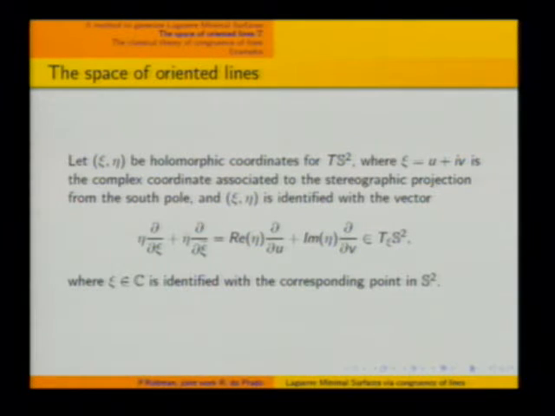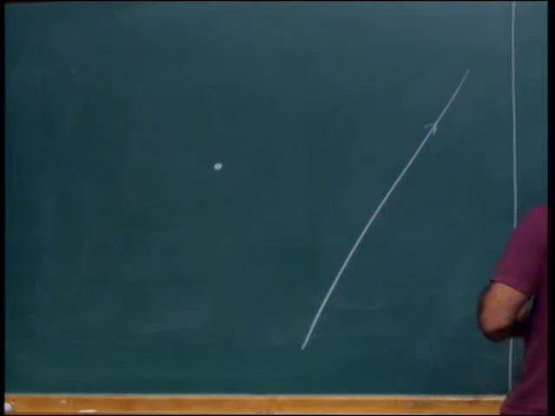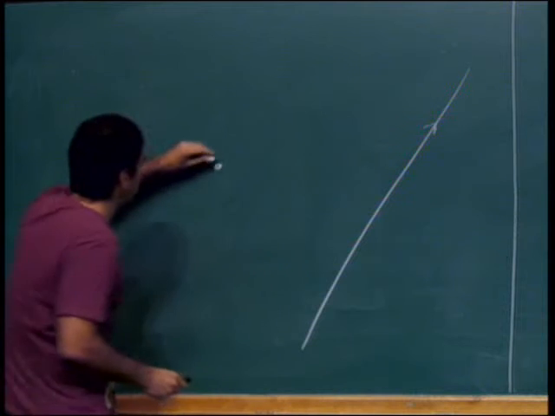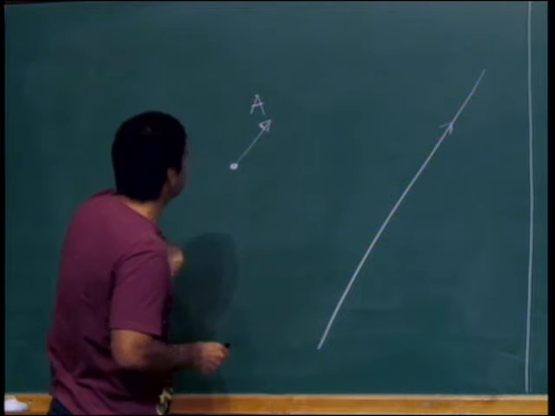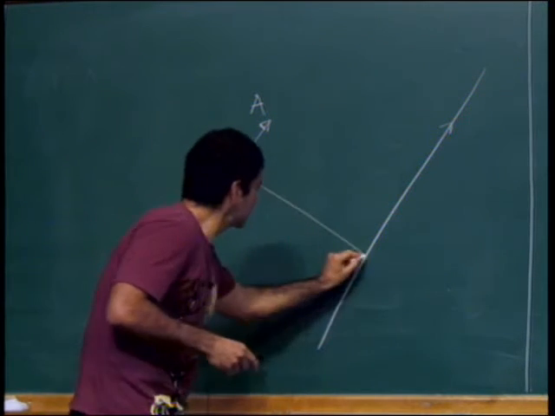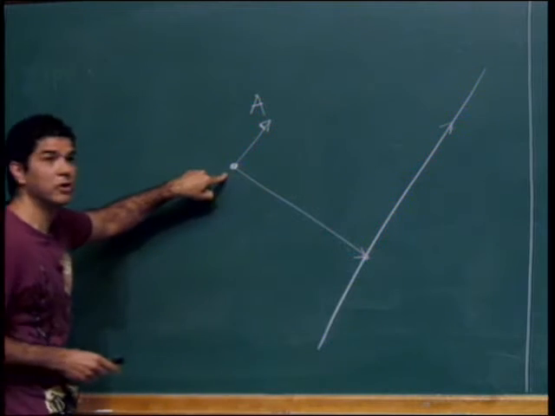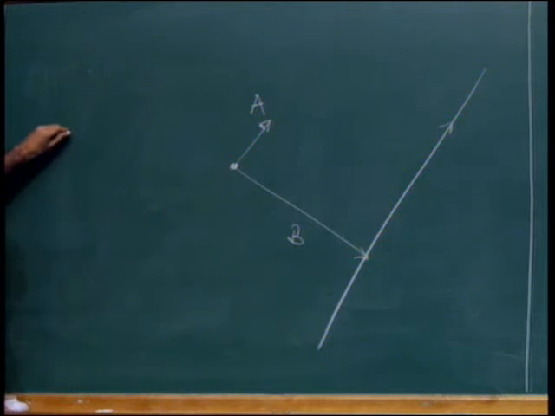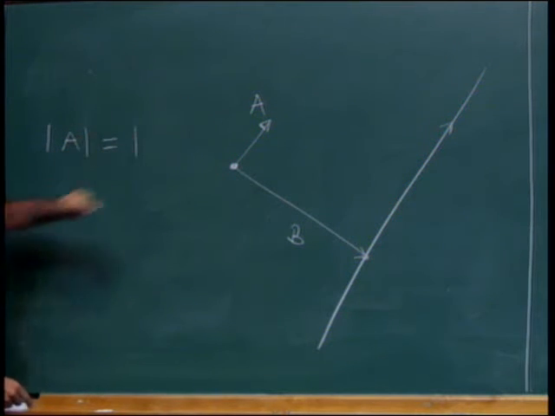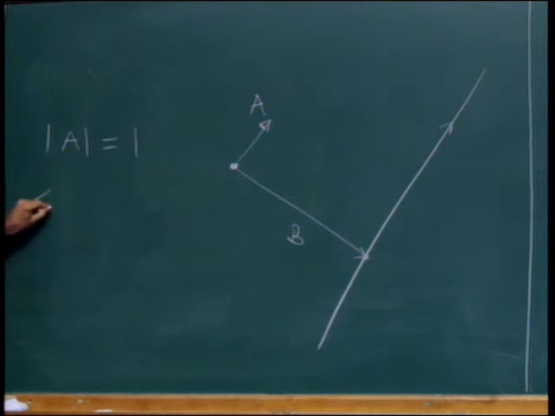So, if you have the Euclidean space, you fix an origin, and if you have an oriented straight line, you can take a unit vector, A, it gives the direction of the line, okay, and you take the point closest to the origin, and this defines a vector, B. So this is a unit vector, and you have A and B orthogonal.